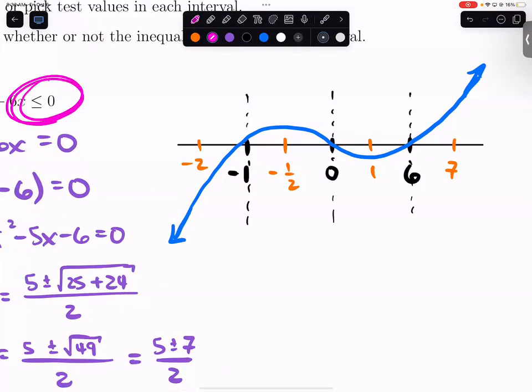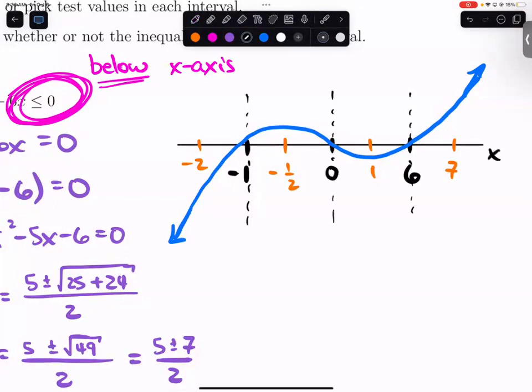So if we want to know where it's less than or equal to 0, that means finding where it sits below or underneath the x-axis, right? Where the y value is negative. Well, where does it sit under the x-axis? So I'm going to check each of these intervals.